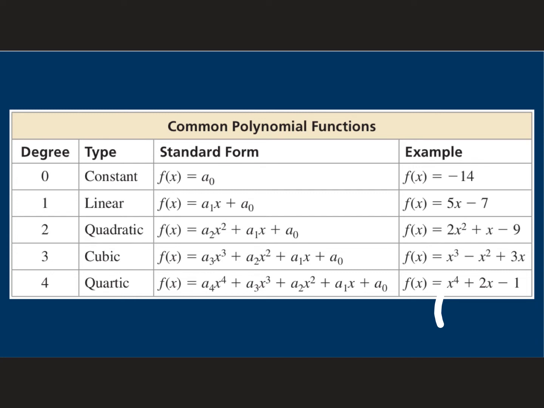All right, so we can classify our polynomials. If it is just a number without an x, it would be a constant. If it has an x with no degree, the degree is technically 1. It would be like x to the first power. We call that linear.